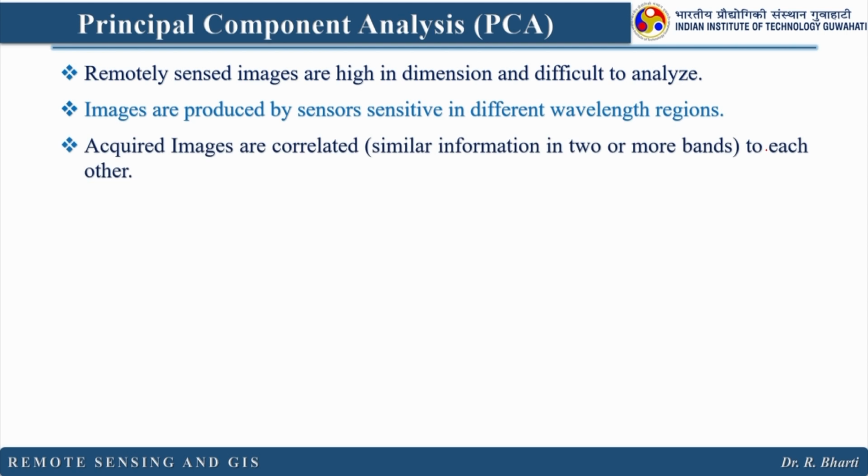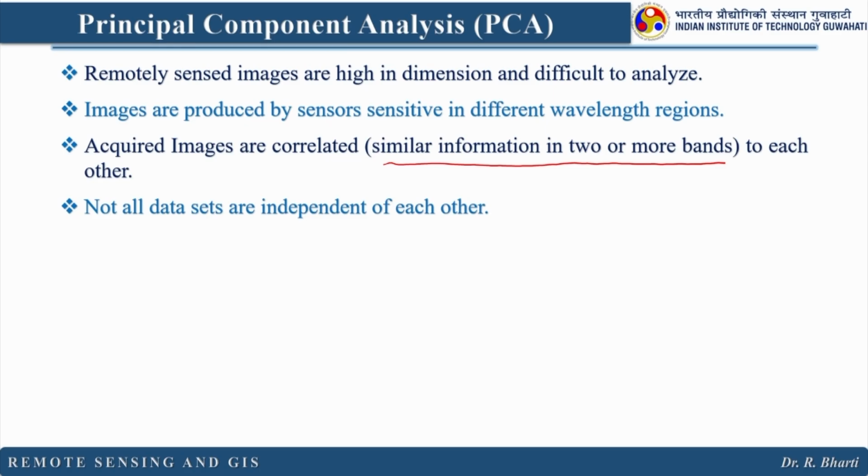So acquired images are correlated. Why? Because similar information in 2 or more bands can be present. So this is what motivated us to apply some segregation technique, so we can easily find unique information from our image, right. And not all data sets are independent of each other.